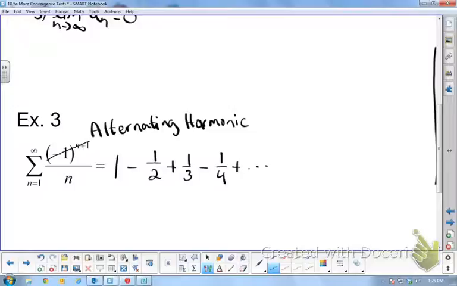We just have 1 plus 1/2 plus 1/3 plus 1/4. So the alternating part is the only thing giving us negatives, and not the n. Taken out, we have all positive terms.